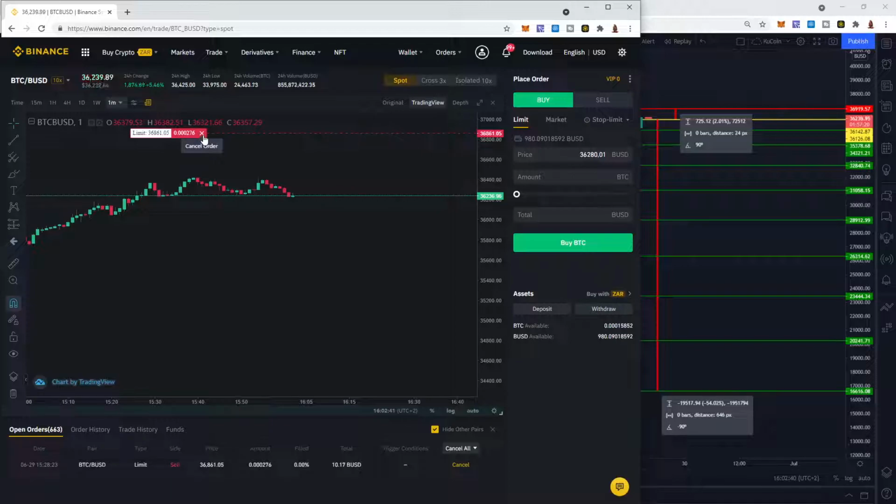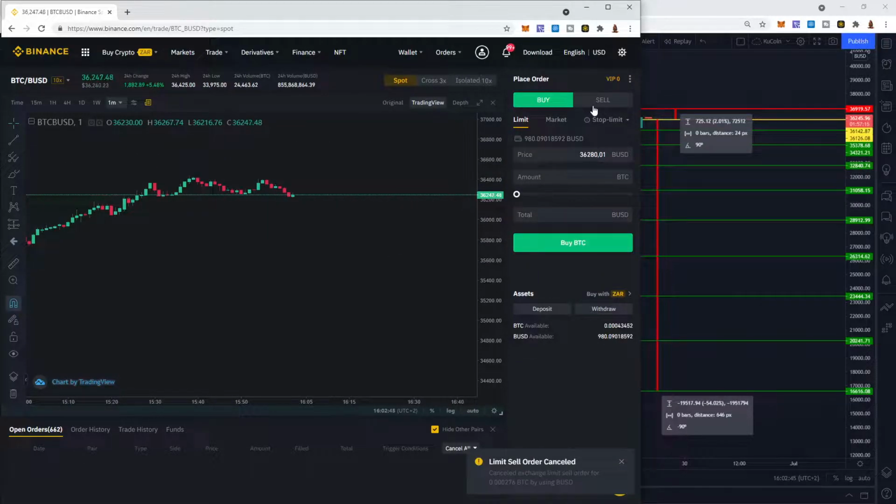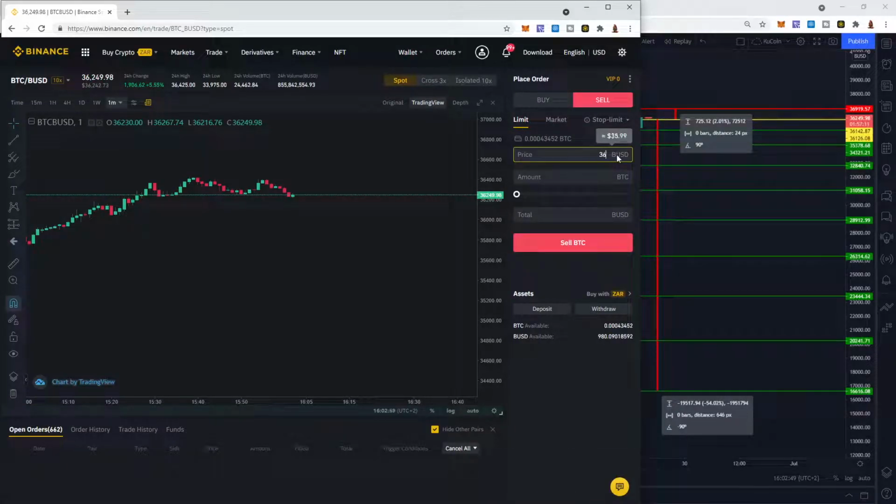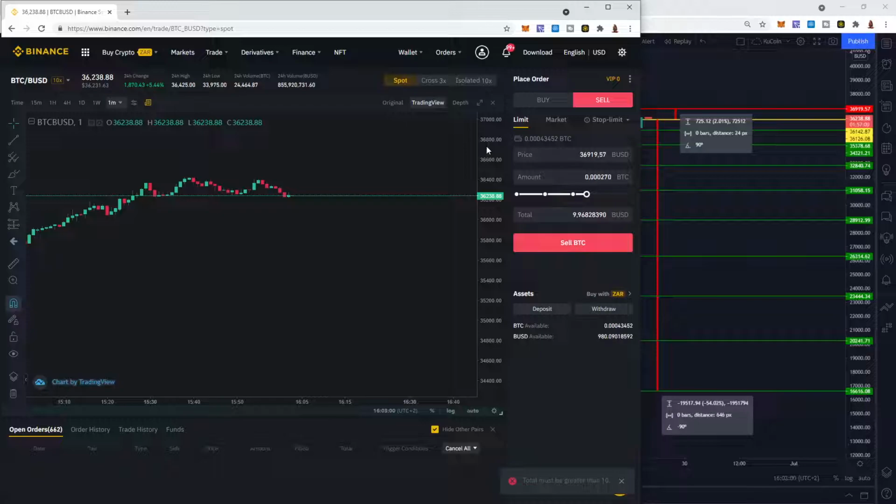Let's do it correctly. We'll put my sell limit order in on 36919.57 and we started on a $10 trade. We'll put in a $10 trade.